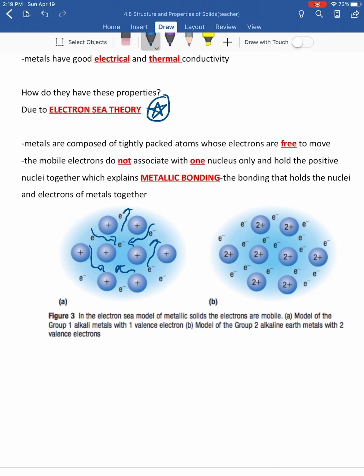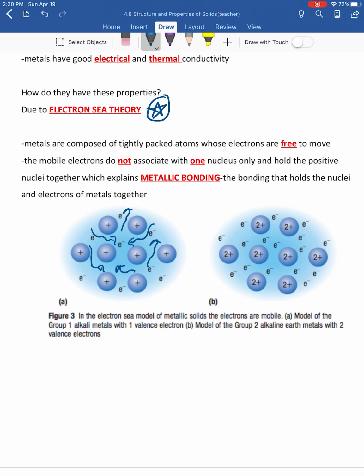Okay, so when we talk about the electron sea theory, we're talking about the fact that these electrons are not owned by a particular nucleus. They're constantly moving around. It's a collective arrangement of electrons. The metal owns all the electrons, but each atom's nucleus does not possess or have rights to those electrons.